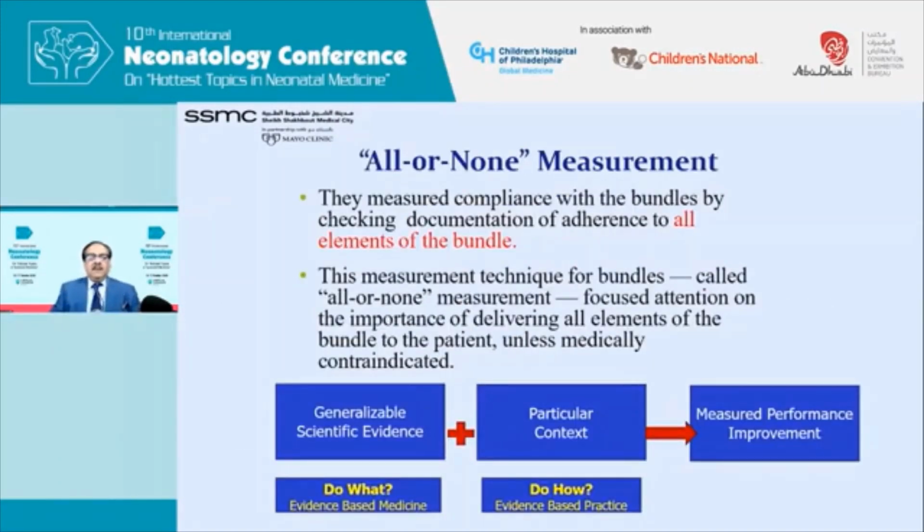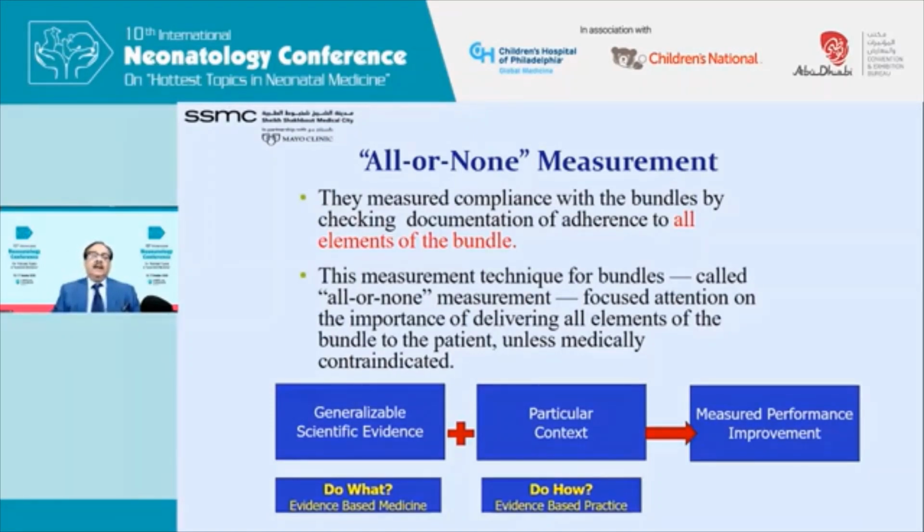The measurement and implementation of the bundle is based on all-or-none measurement. All or none means, as we learn from physiology, either the muscle contracts fully or it does not contract. So this is the all-or-none process.